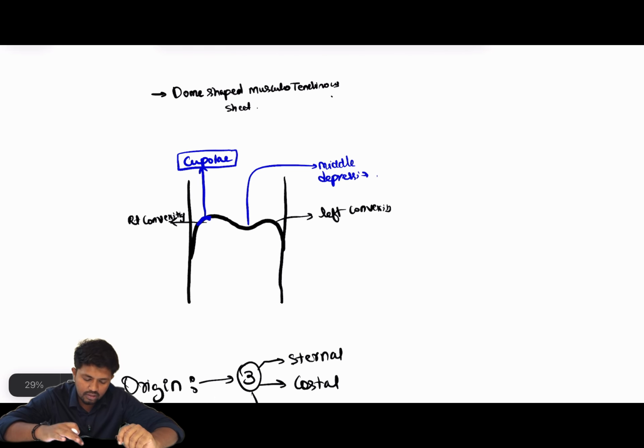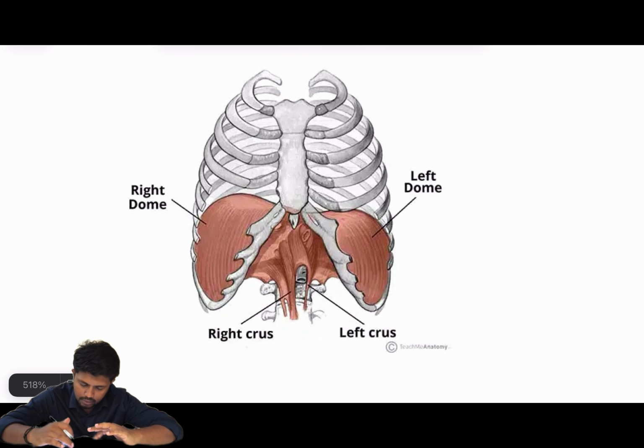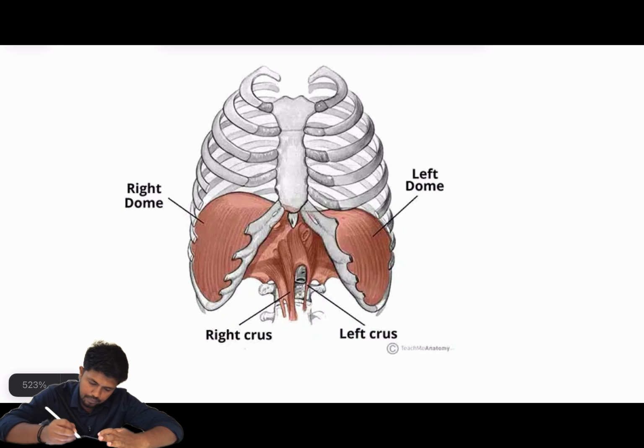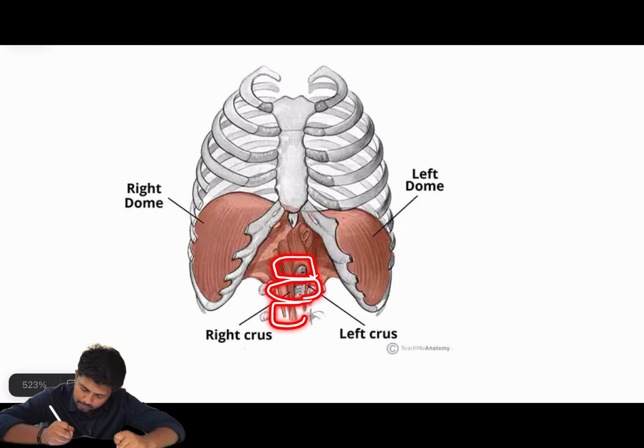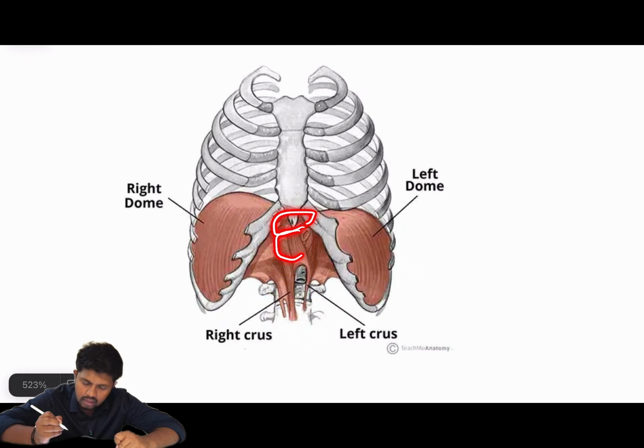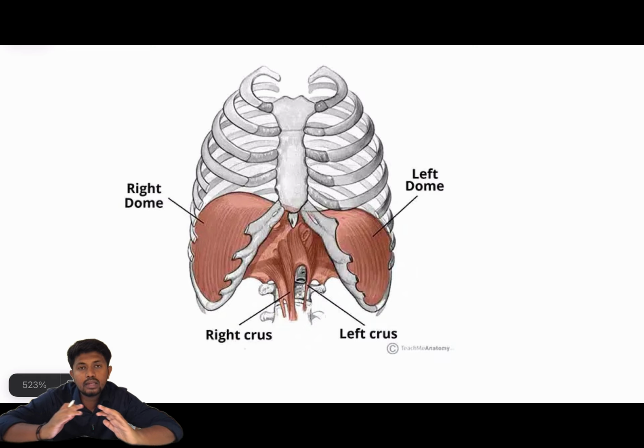Before seeing the diagram, in this image you can appreciate that the xiphoid process, the lower part of the sternum, gives origin to the diaphragm. The lower six ribs and the costal cartilages give origin, and behind, the lumbar and thoracic vertebrae give origin to the diaphragm. So the diaphragm is formed from the sternum, the costal cartilages and ribs, and the lumbar and thoracic vertebrae.